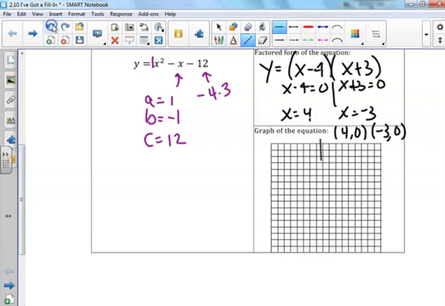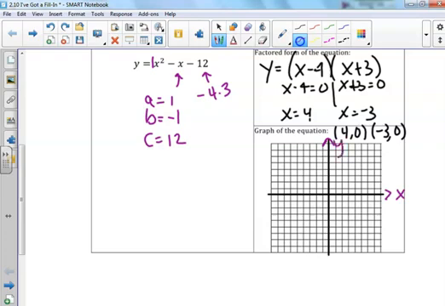So let's just make sure that we can graph our x and our y axes. First, make sure like so. And then we'll fill in where our x-intercepts will be on our grid. So our 2 points are (4, 0) and (-3, 0).